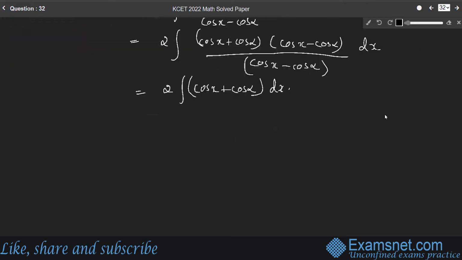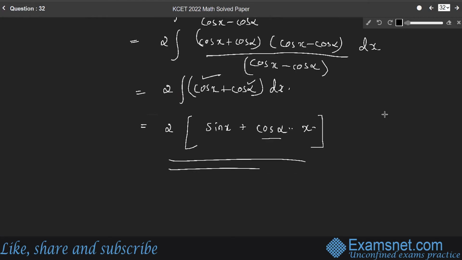Integral cos x dx is nothing but sin x, right? Whereas in the second part, cos alpha is constant, so we take the constant outside. Integral dx is nothing but x, so cos alpha into x. Therefore, the final answer is 2 into sin x plus x cos alpha.